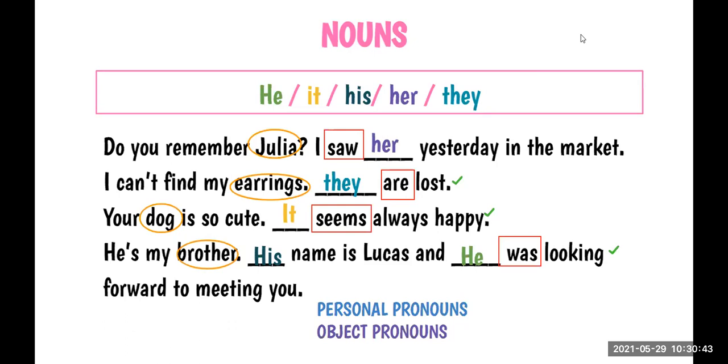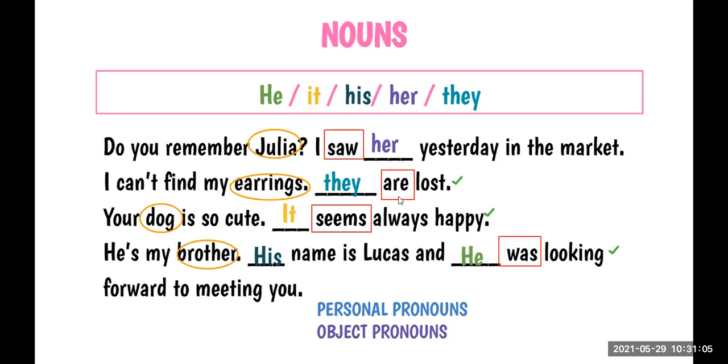Very good. As you can see here, the object pronoun is after the verb, and the personal pronoun is before the verb. As Jenny said, the subject pronoun or personal pronoun is the person or thing who does the action, who performs the action.